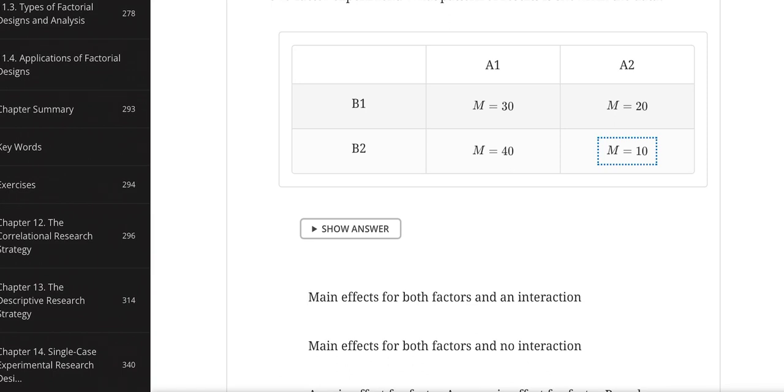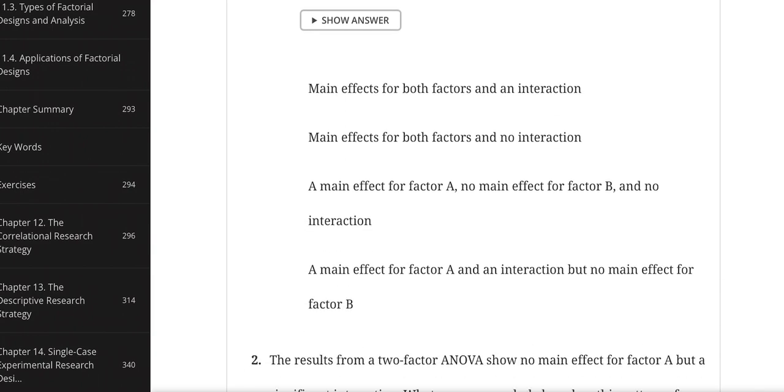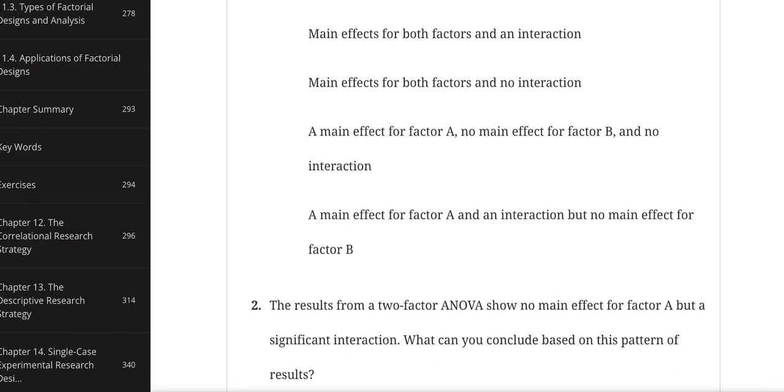So the average would be 15. So A1 is 35, A2 is 15. So the means are different from A1 to A2. So that means there is a main effect for factor A.